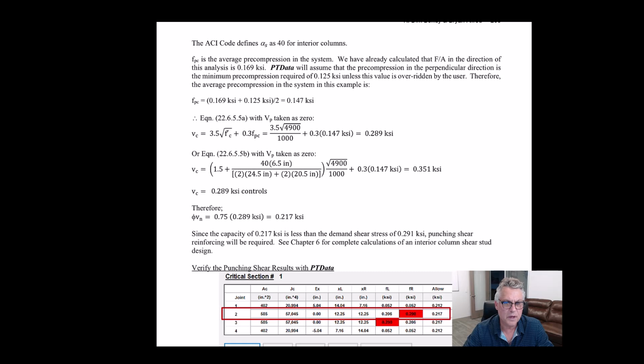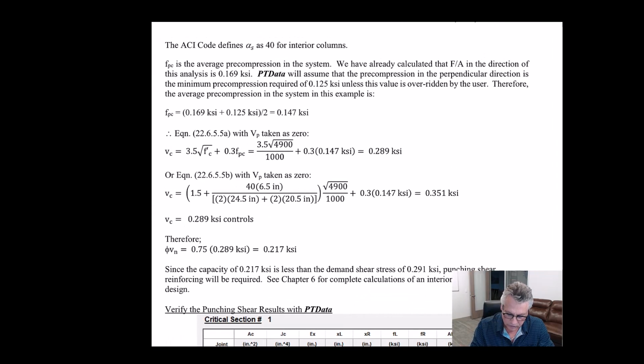This may be a benefit, I'll admit it, of finite element analysis. What PT data is going to do, unless you go into the configuration or the general setup and tell it something different, it's going to assume you have the minimum required by code in the perpendicular direction, which is 125 PSI.